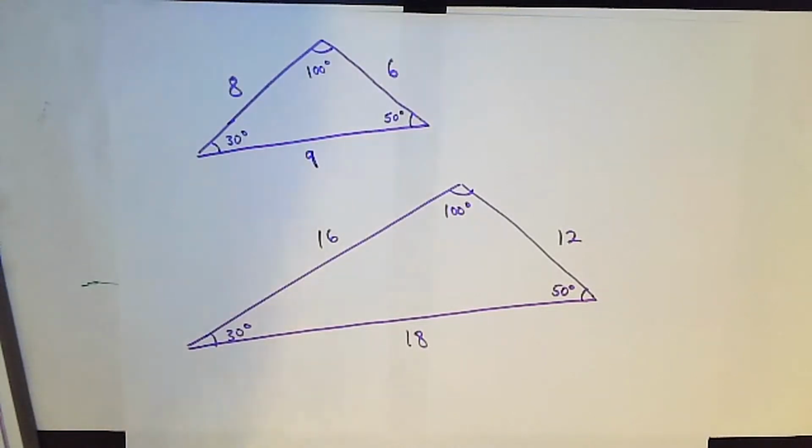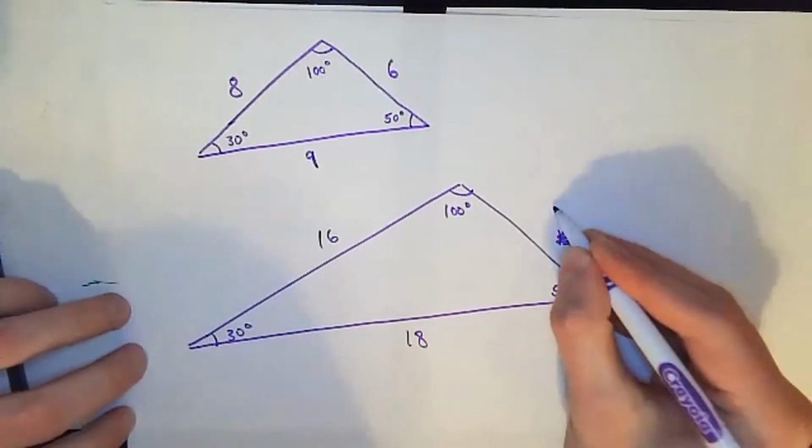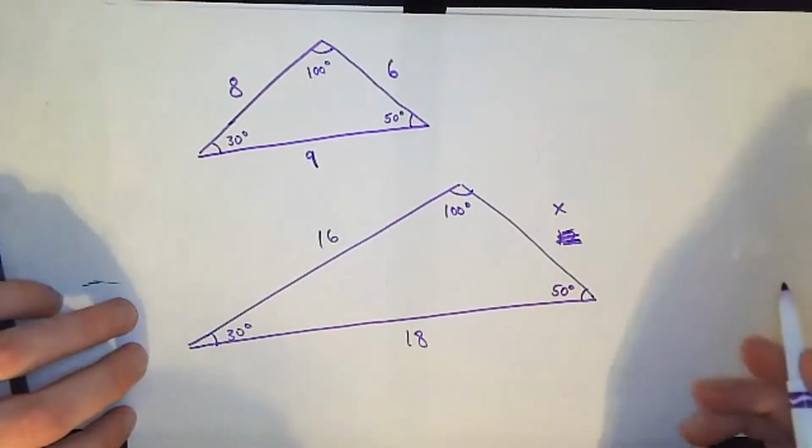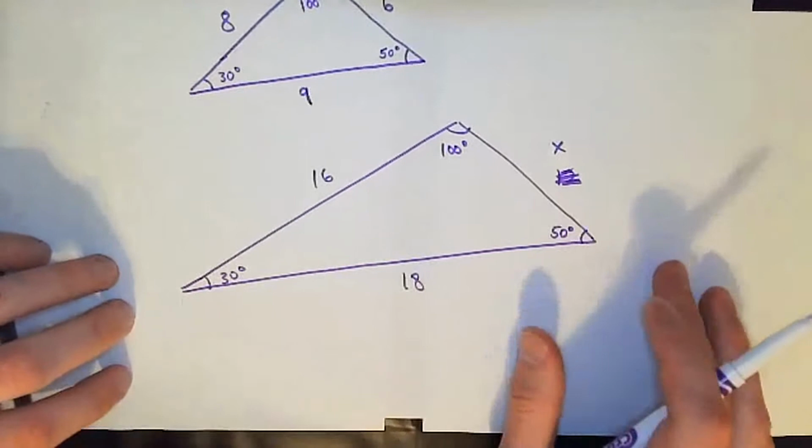And that means you can build proportions out of these triangles too, to solve for missing sides. So we're going to do an example. But the point is that if you know two triangles have the same angle measures, then the sides should be proportional. For instance, if I didn't tell you this side and said it was X, how do you solve for X? You set up a proportion.